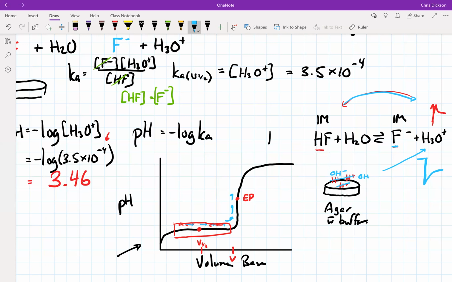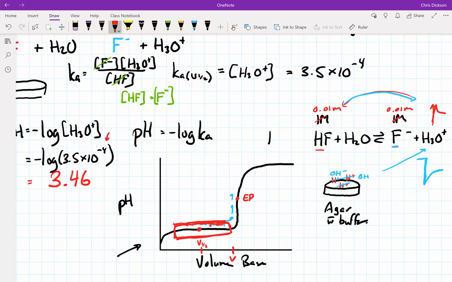Now, the other thing about buffers is that their effectiveness depends on the amount of chemical you have. So for example, if instead of 1 molar, you started with 0.01 molar, the buffer would still have this range of values it would be pretty consistent between, but that particular buffer wouldn't be as good at withstanding changes to the pH and pOH, because there's just not as much chemical to deal with.